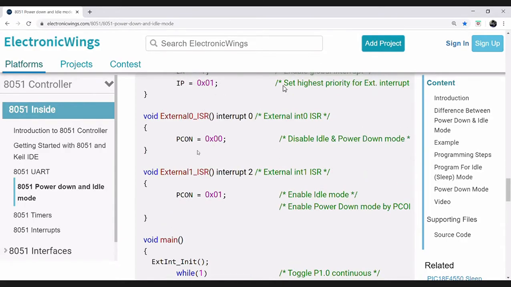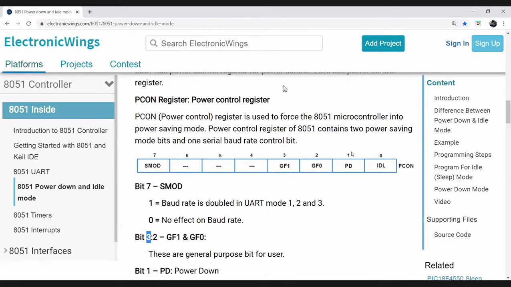So usually we'll write like this, see, PCON equal to 0x00. We are disabling both idle and power down mode. PCON equal to 0x01, what will happen? 0x01 means 0 0 0 0 0 0 0 1.